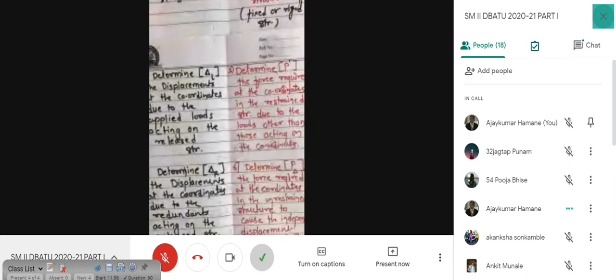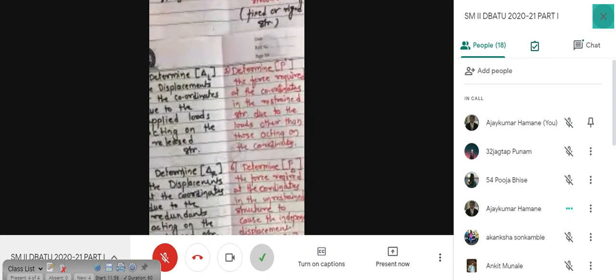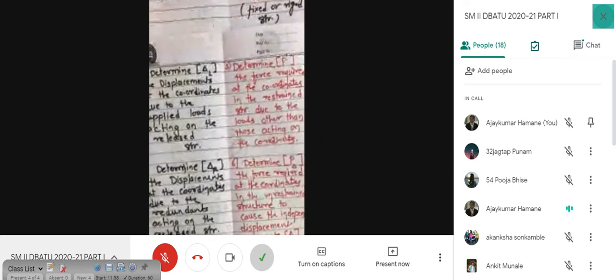Now the seventh one. Calculate the net displacement at the coordinates. How?